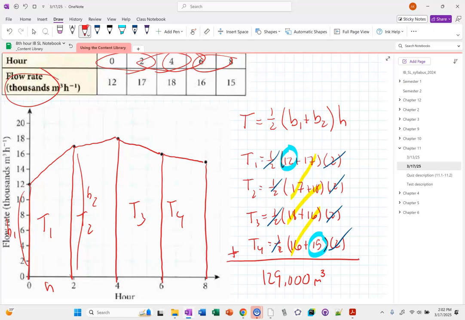I guess this is some flow through a pipe or something. Or maybe a river, who knows? That'd be a big stinking pipe. What do you guys say here? So the whole idea is we're just going to take our curve and geometry it up into chunks and then add up the geometric figures.